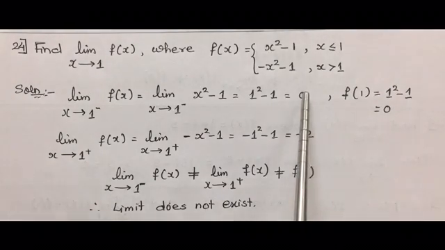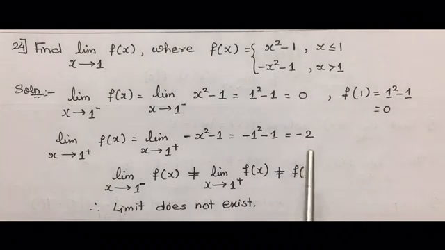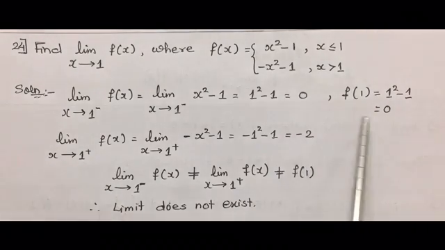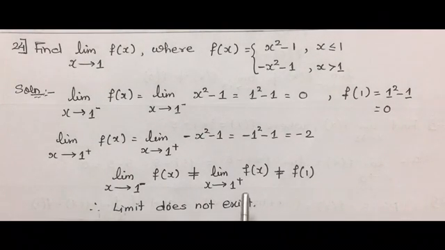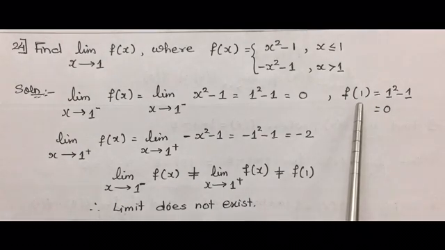Now if we compare all these three limits, they are not same. So it is being expressed as limit x tends to 1 minus of f(x) is not equal to limit x tends to 1 plus of f(x), and it is not equal to f of 1.